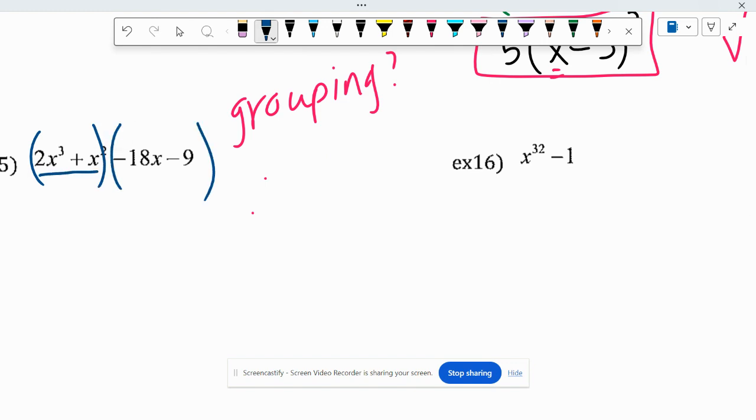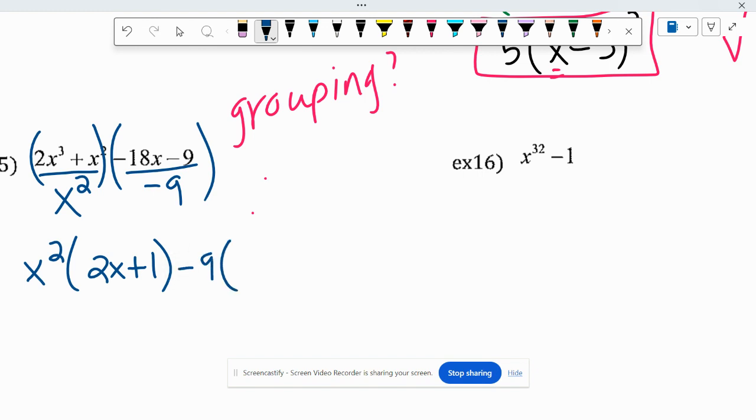What can I take out of my first grouping? I can take out an x squared. So when I pull out my x squared, I'm left with 2x plus 1. What can I pull out of my second grouping? A negative 9. Good job. And when I pull out that negative 9, negative 18x divided by negative 9 leaves me with a positive 2x. Negative 9 divided by negative 9 is a positive 1.